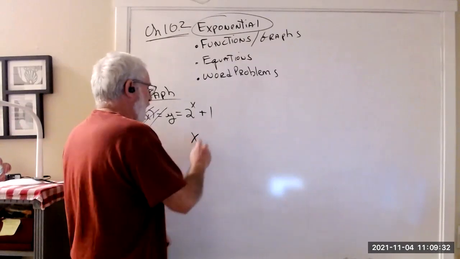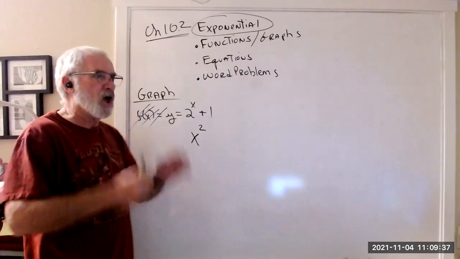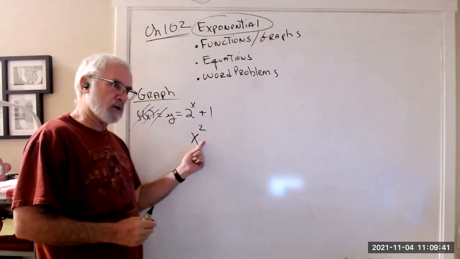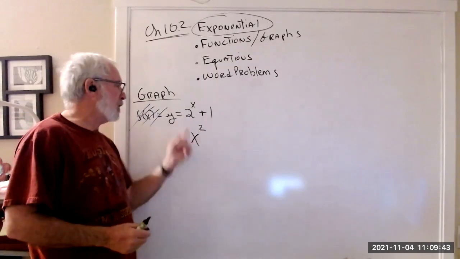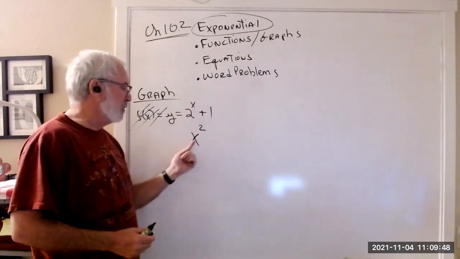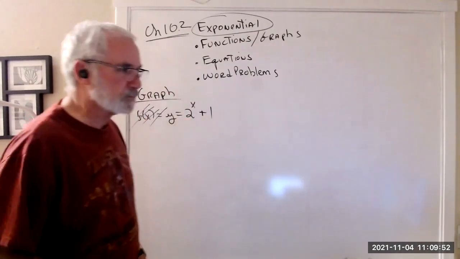This is not x to the 2. Those are 2 totally different animals. You'll get a totally different looking graph if you mix up 2 to the x versus x to the 2. Be very, very careful.